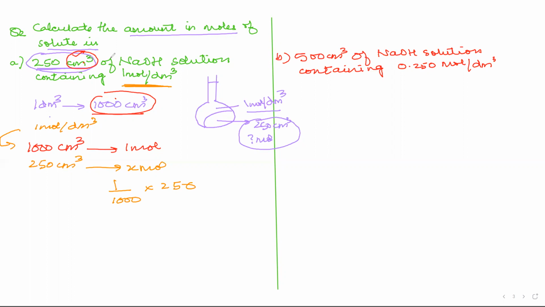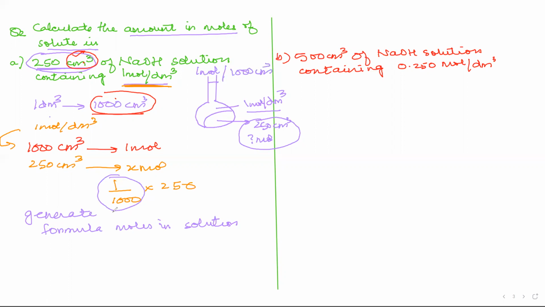Right? Now if we are able to see what exactly we are doing, we are going to generate a formula to calculate moles in solution. This is basically my concentration, 1 mole per dm cube. 1 mole per dm cube I'm writing as 1 mole per 1000 cm cube.